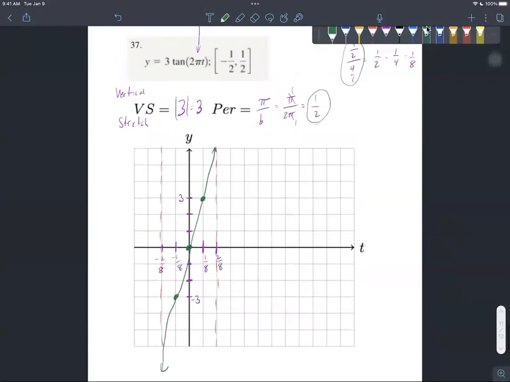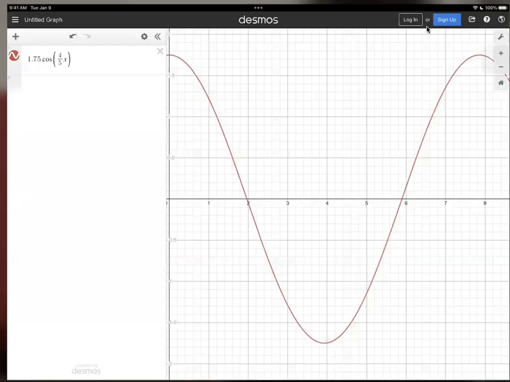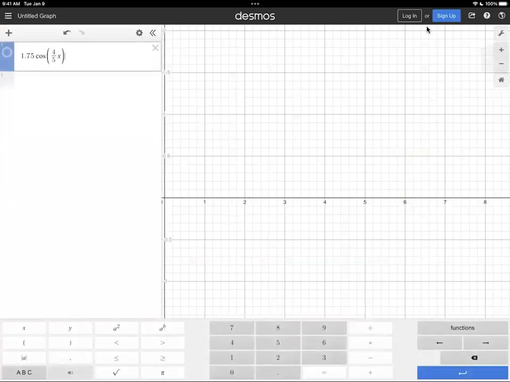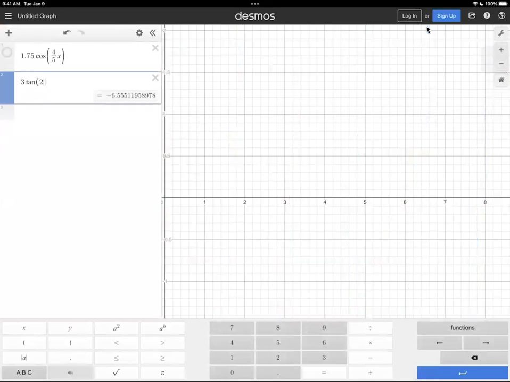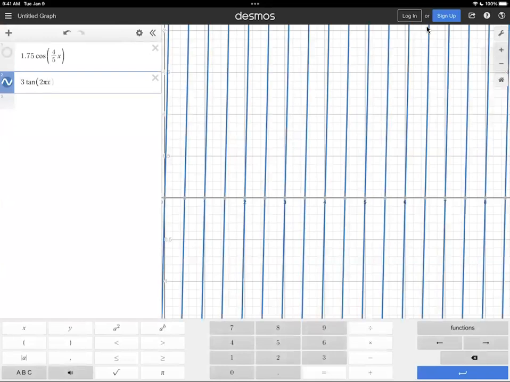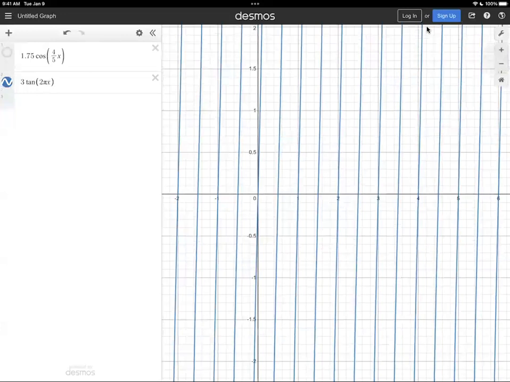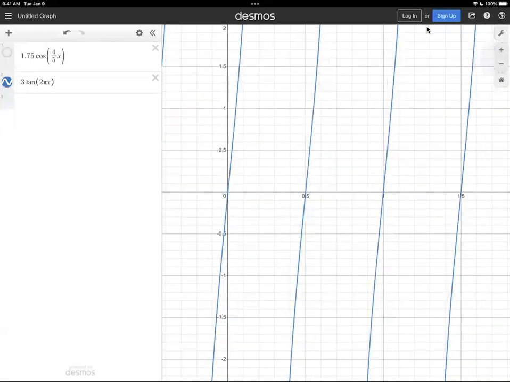Okay, so let's graph it actually on decimals. Why not? 3 tangent 2 pi x. No, you put the pi in there. 2 pi x. Okay, and then, whoa, that's a lot of stuff there. Let's see here.